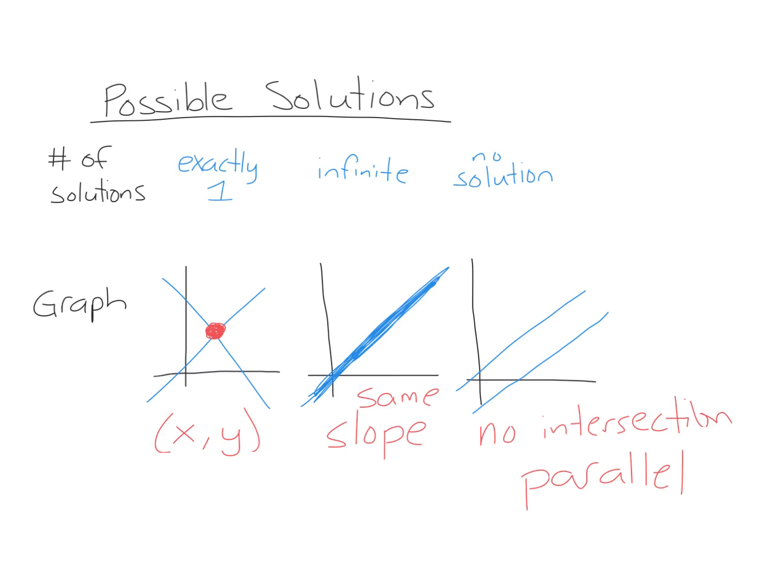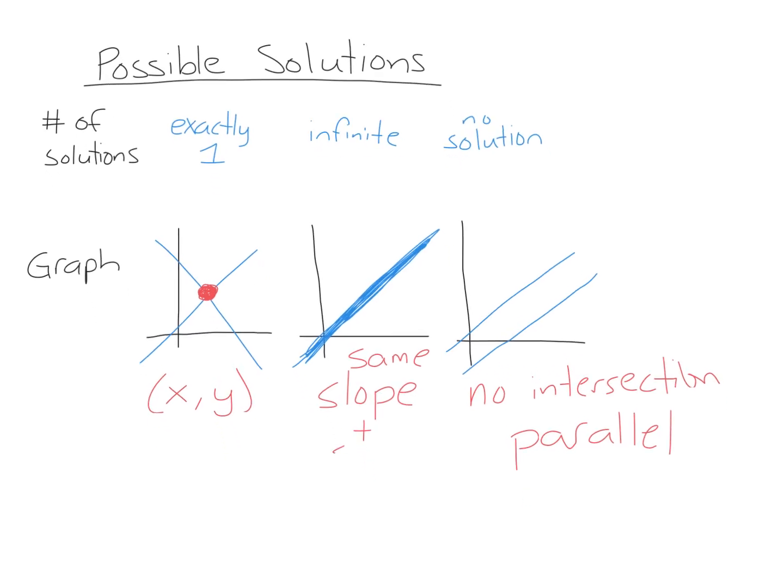Back up to the infinite solutions. What else has to be the same if they're the same exact line? What else is the same? The y-intercept would also have to be the same, right? So for infinite solutions, that whole equation is the same.